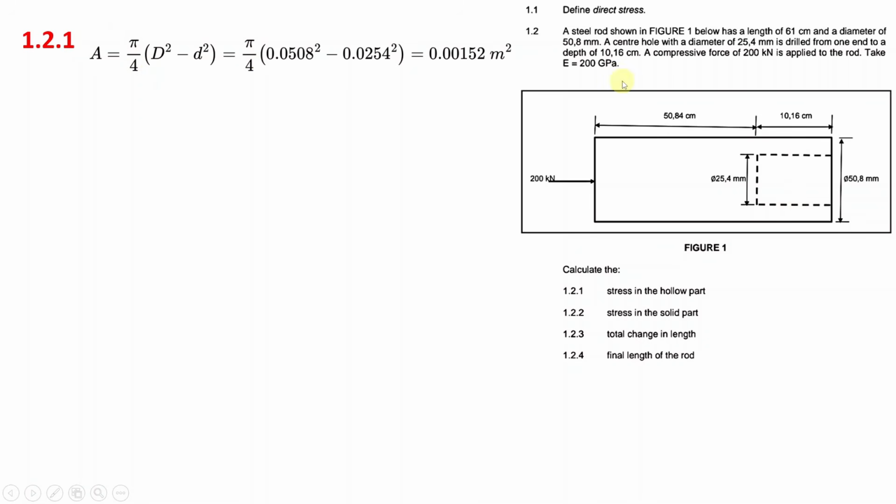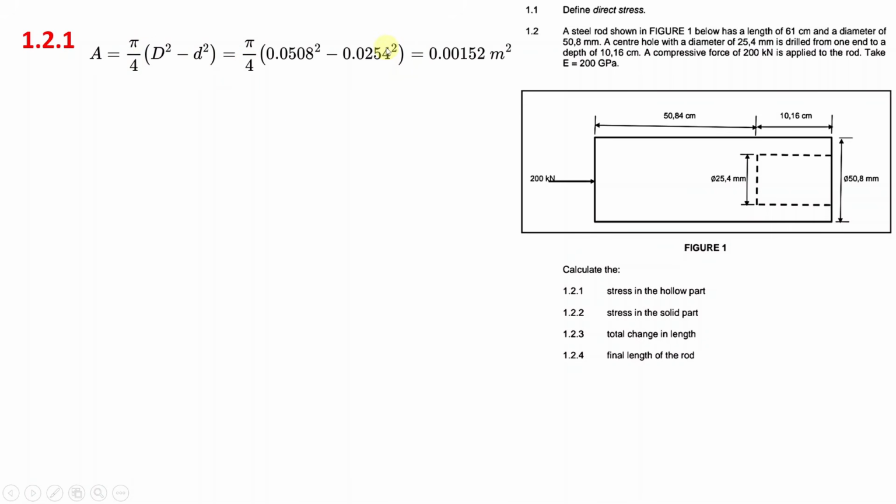The outer diameter is given to us as 50.8 millimeters. You change that to meters, that will give you this. The inner diameter of the hollow part is given here as 25.4 millimeters. You change that to meters, then you have that here, and you need to square it because that is what the equation requires.